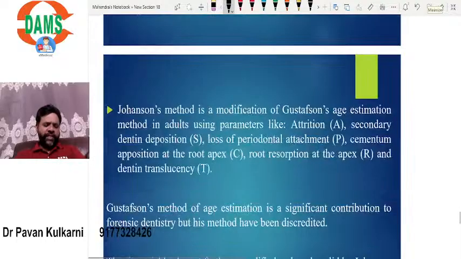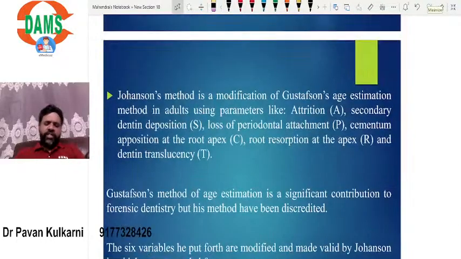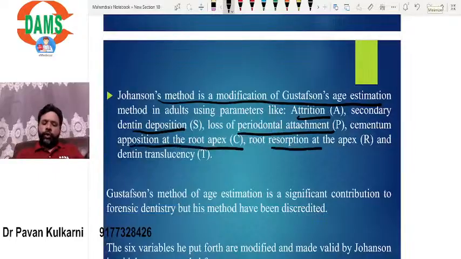In Johansson's method, which is a modification of Gustafson's age estimation method, you use parameters like attrition, dentine deposition, loss of periodontal attachment, cemental apposition at the root apex, root resorption at the apex, and loss of dentine translucency.